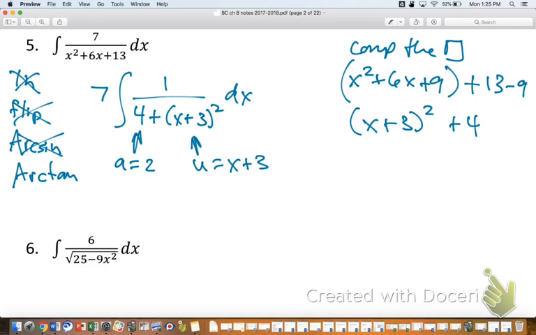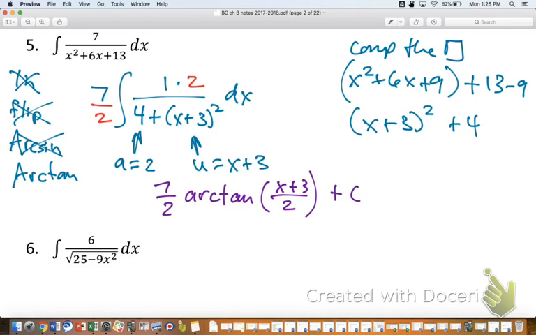And the numerator, for it to be the right form, needs to be u prime times a. So I need to go times 2. So this is Timmy and his perpetual messing up. Multiply the top by 2, divide the outside by 2 to get the expression balanced. This leads me to a final answer of 7 over 2 times arctan of x plus 3 over 2 plus c. So look at what you have, look at what I have.